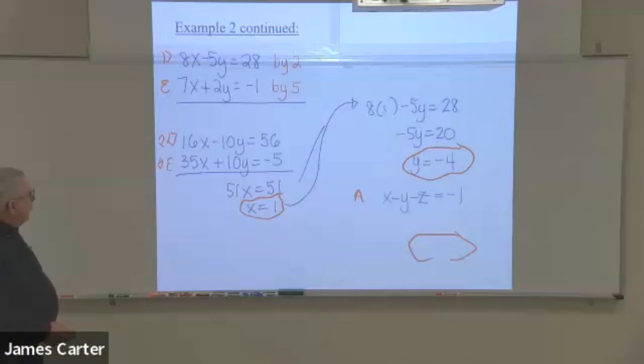I go back to equation A. I could use B or C. Substitute in. Here's the 1. Here's the 4. And I get z equals 6. So therefore, my solution is the point 1, 4, 6.